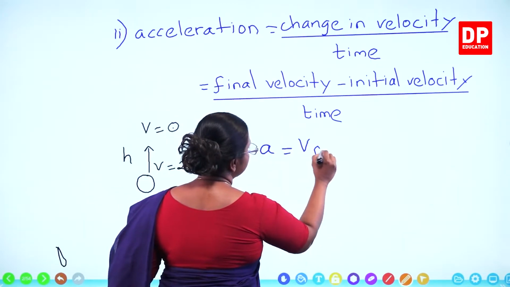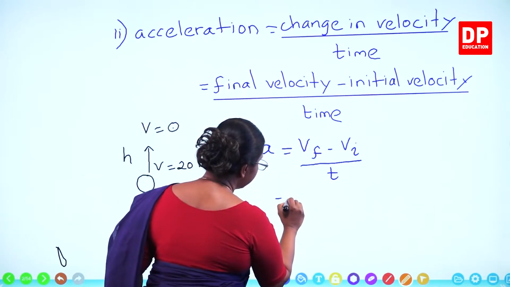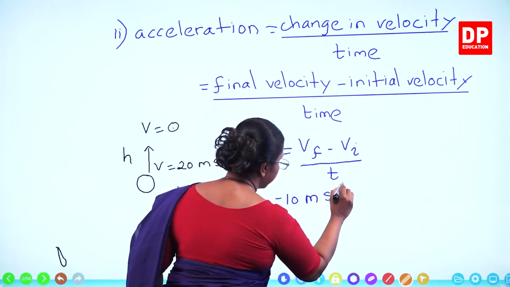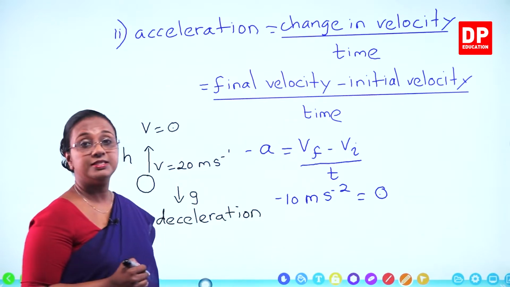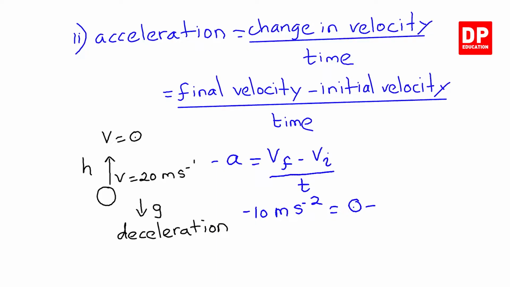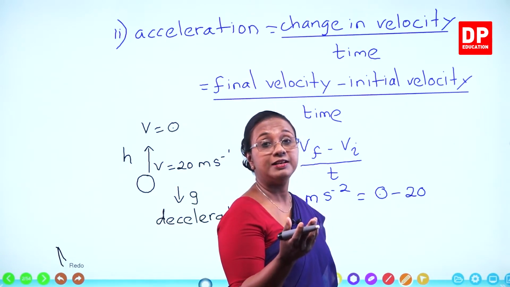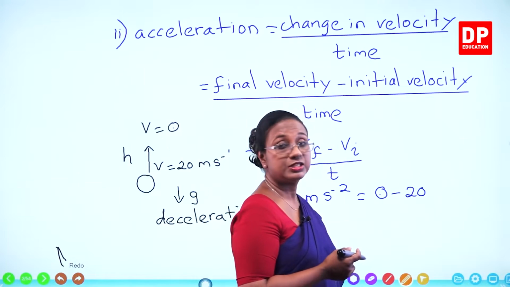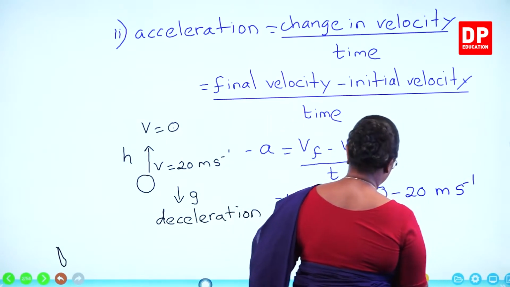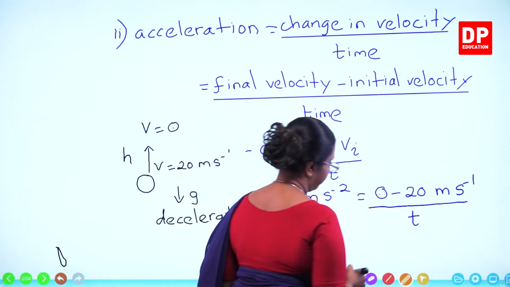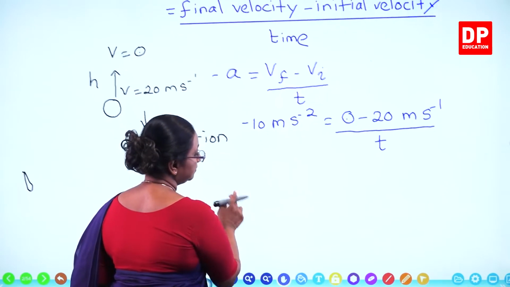So final velocity minus initial velocity divided by time. So minus 10 meters per second squared is going to be equal to final velocity 0 and initial velocity, and there you all can remember, students, the final velocity minus initial velocity, 0 minus 20 meters per second divided by time. So this is what we need to calculate.